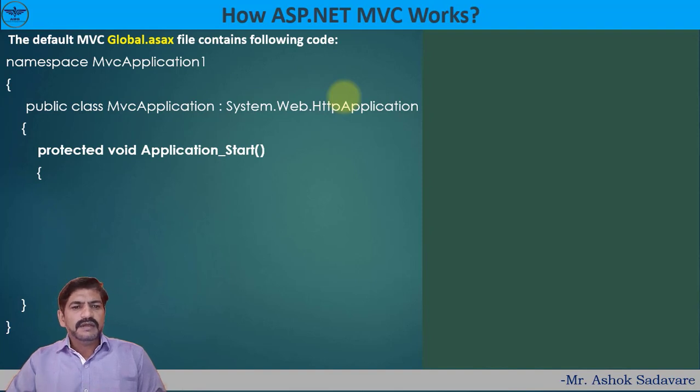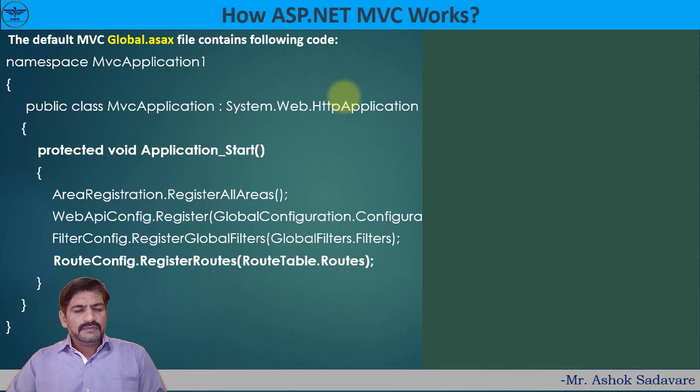All these are predefined in the Global.asax file. Inside the Application_Start method, you can see RouteConfig.RegisterRoutes; RegisterRoutes is a method of the RouteConfig class. It creates the route table and defines the routes.